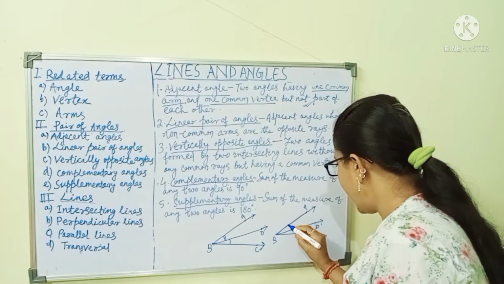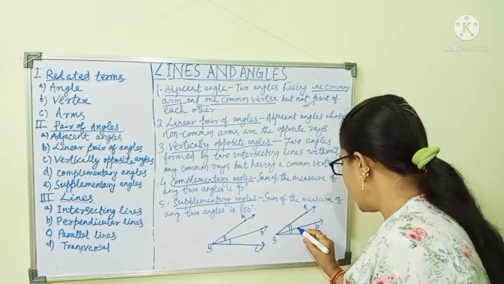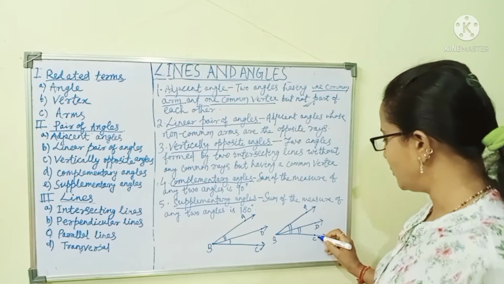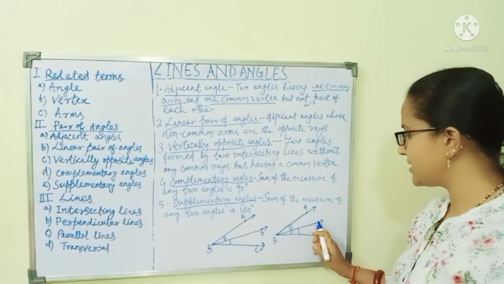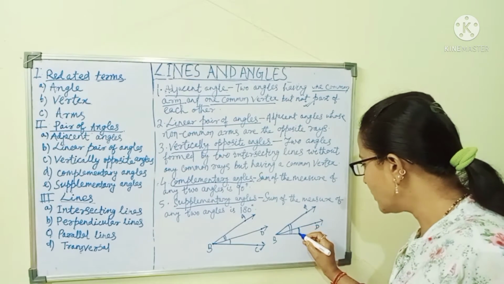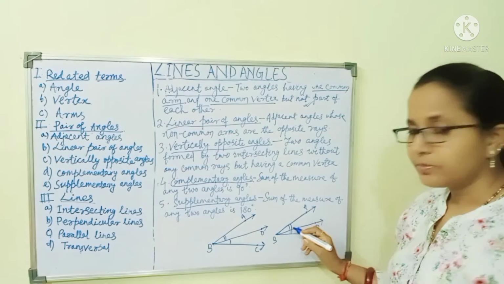So ABC is not adjacent to CBD angle. They are not adjacent angles.